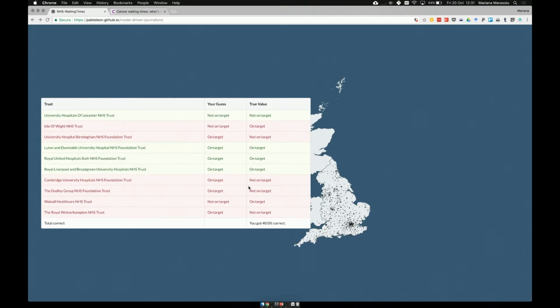And I think in this case, just to give you a bit of background of how far I got into actually building a model to try and determine the actual factors that contributed to the lack in achieving waiting time targets.